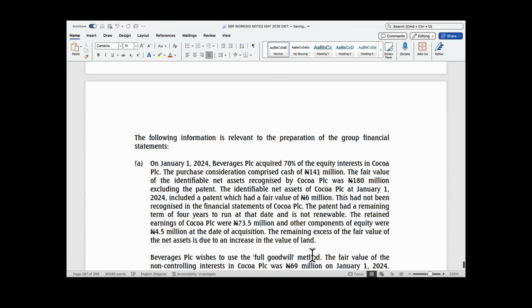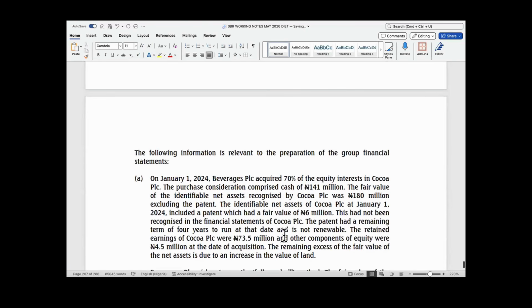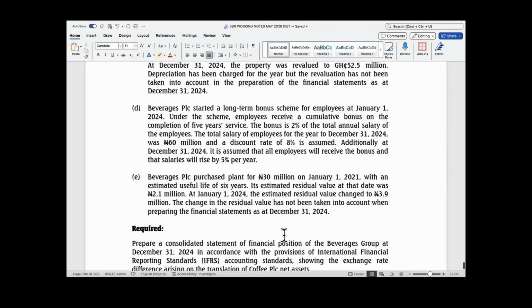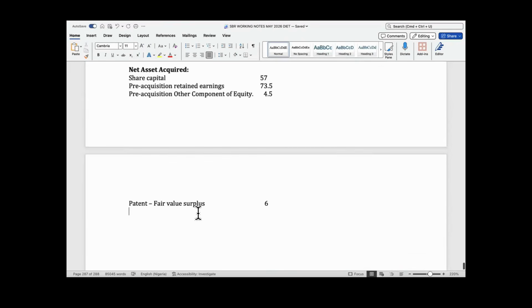However, I'm told in the last sentence, they say the remaining excess of the fair value of the net asset is due to an increase in the fair value of land. So there is also a land that was not in the books before. Okay, not that it's not in the books before, but they did not fair value it. When they fair value it, they saw that the value has gone up when they acquired the subsidiary.